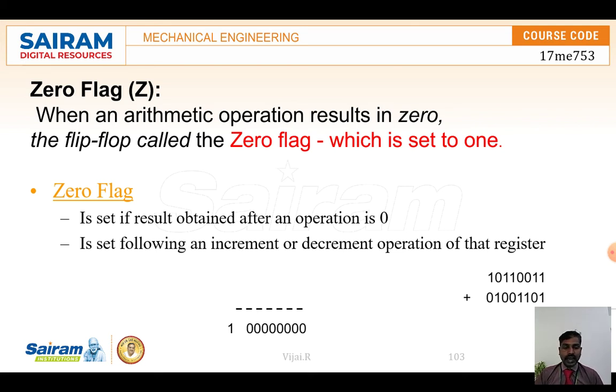When we add, we get all 8 bits as zeros, and there is a carry of one, which is not a concern. Now all 8 bits are 0, so the flag is set to 1. The zero flag is set to 1 when all 8 bits are 0. This is called the zero flag, right?